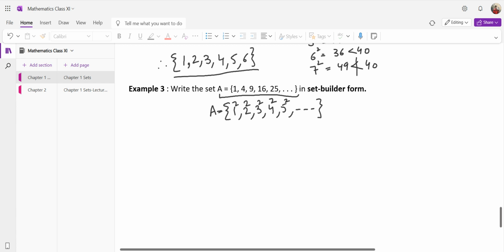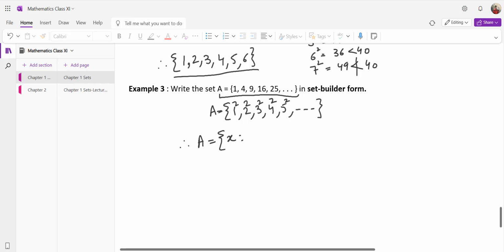Since every element is the square of a natural number, in set builder form we can write it as a collection of x, where we consider the property of the elements.